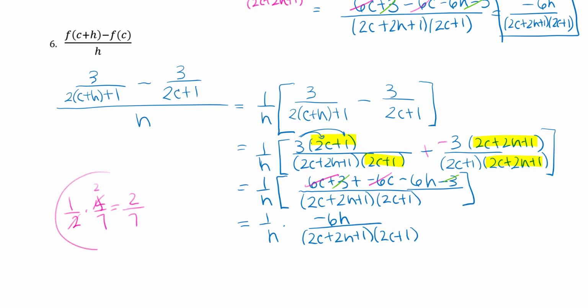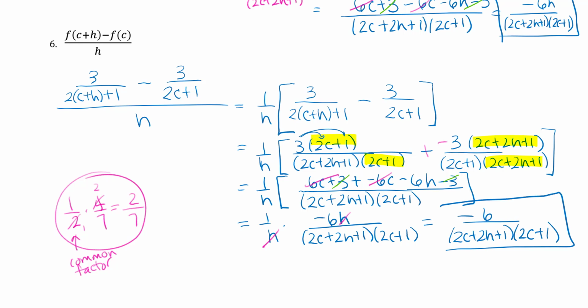When I was doing this with numbers over here, I noticed that I had a common factor of 2 that I canceled from the denominator and numerator. On the problem we're looking at here, I have a common factor of h on the numerator and denominator that I can cross cancel. Then when I multiply straight across, I have negative 6 over 2c plus 2h plus 1 times 2c plus 1. All right, lots of fun algebra, and we're going to use that lots with the stuff we're going to be doing next.